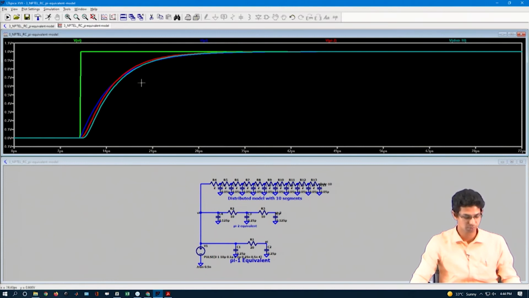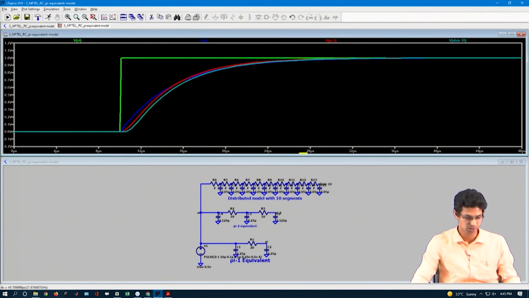So, if I zoom in I can see that all the 3 curves are very close.